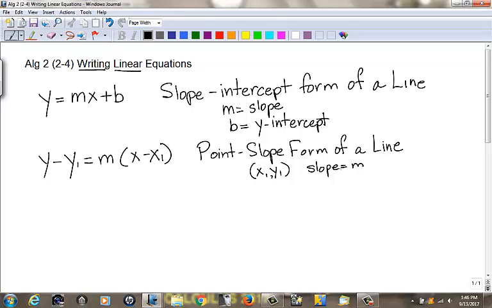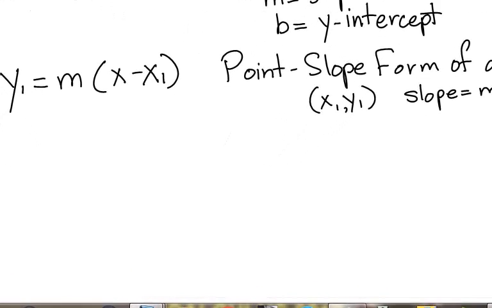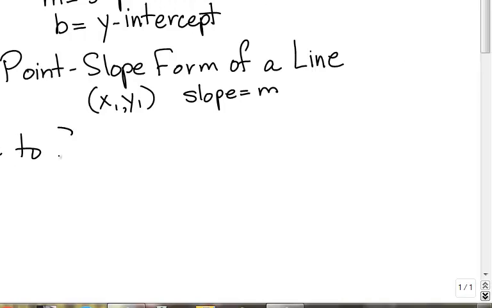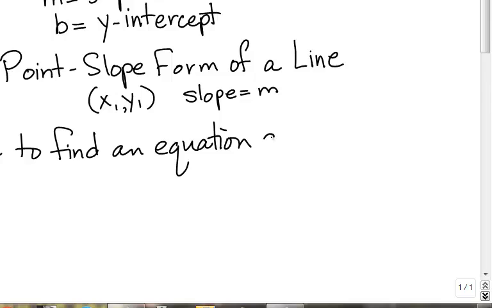Okay, and when they say to graph a line, there's two things you need to find an equation of a line. Then you can graph it.